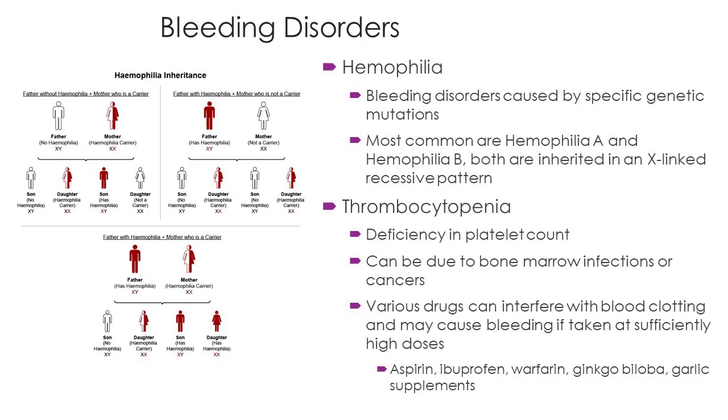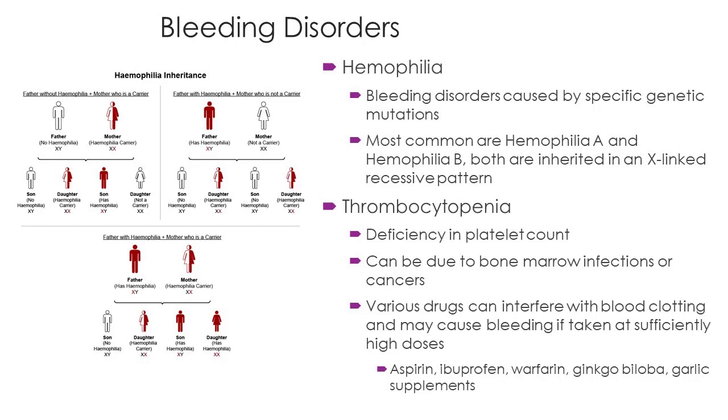Now, let's go a little bit further here. Dad's a hemophiliac. Mom is not even a carrier. Are any of the girls going to have hemophilia? No. But if dad's a hemophiliac, won't all the boys be hemophiliac?